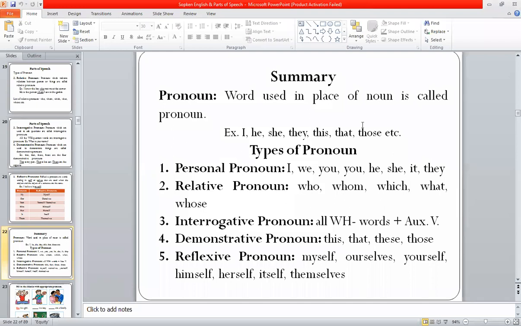Then examples of it: I, we, you, he, she, it, they, this, that, these, those.